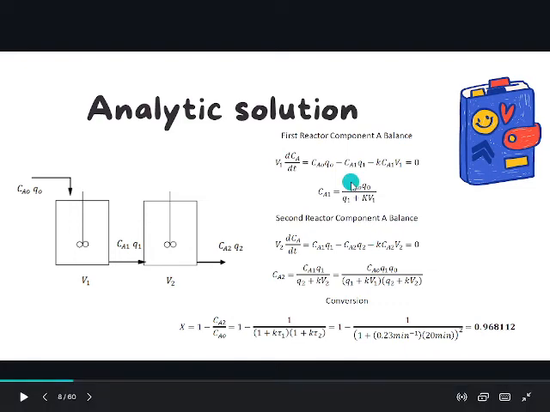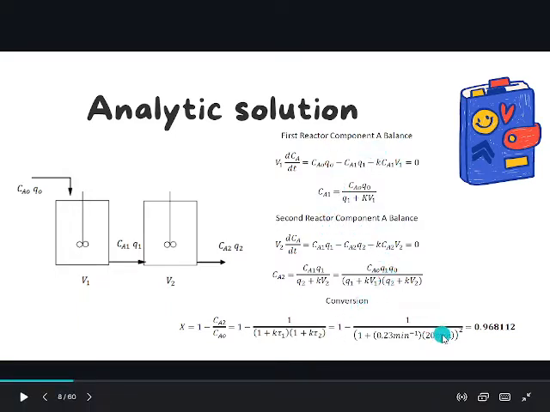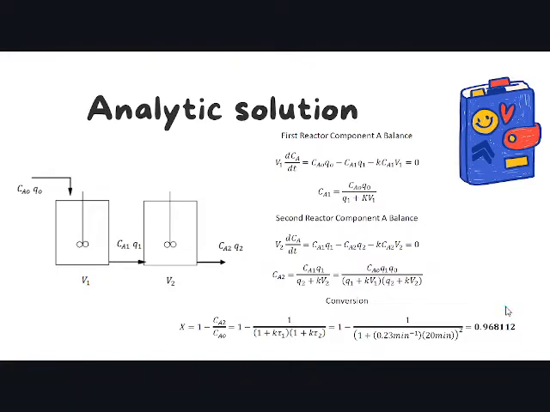Okay, using the analytical solution in reaction engineering, you can calculate the conversion from the component balance in the first and second reactor. Okay, the conversion here is 0.96, which is equal to 96%, if you have two CSTRs connected in series.